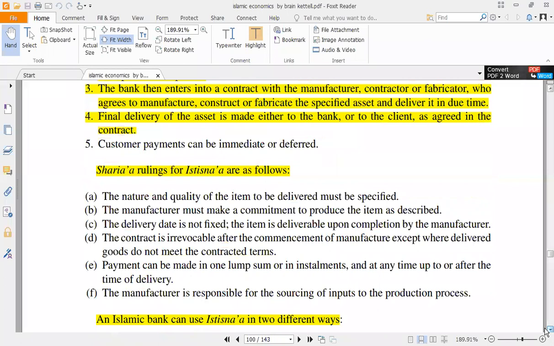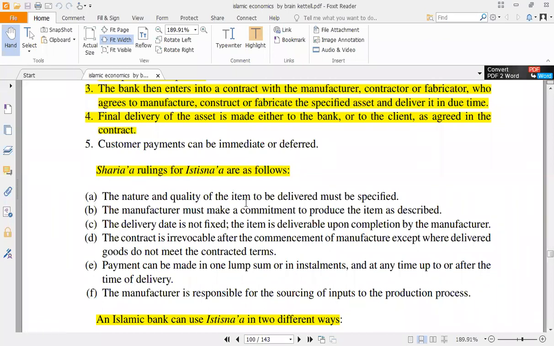Further ruling means that these are the important points about Istisna in terms of item, in terms of manufacturing, in terms of time period. Some other features of Istisna are here. These are the 6 features of Istisna.